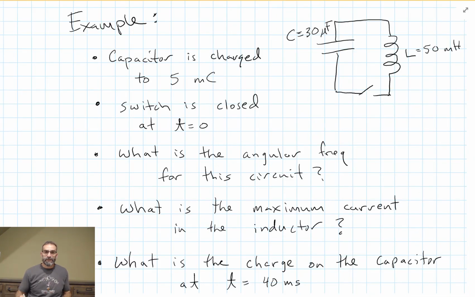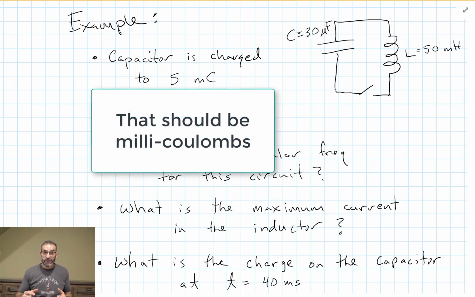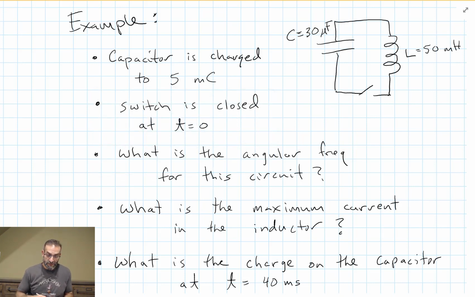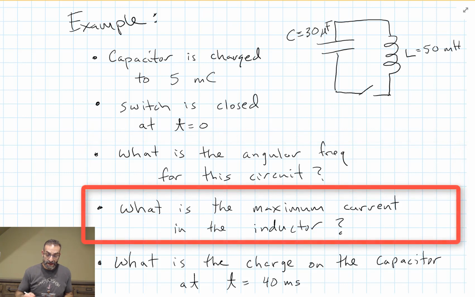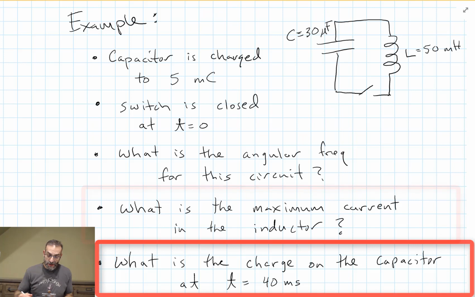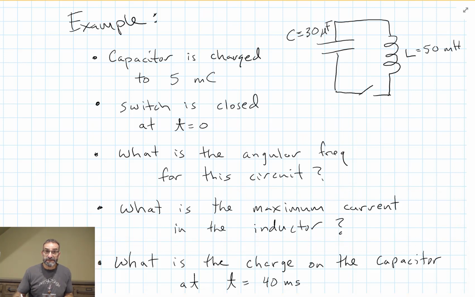I think an example problem would help solidify some of these ideas. So we've got a capacitor and an inductor, an LC circuit. The capacitor is charged to 5 microcoulombs, and we're going to close the switch at t equals 0. First thing we want to know, what's the angular frequency for this circuit? Then we're going to find the maximum current in the inductor, and then the charge on the capacitor at t equals 40 milliseconds.